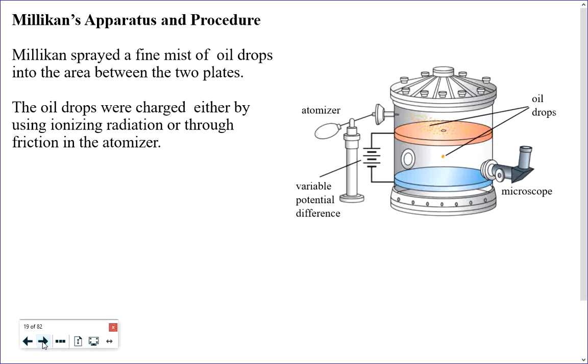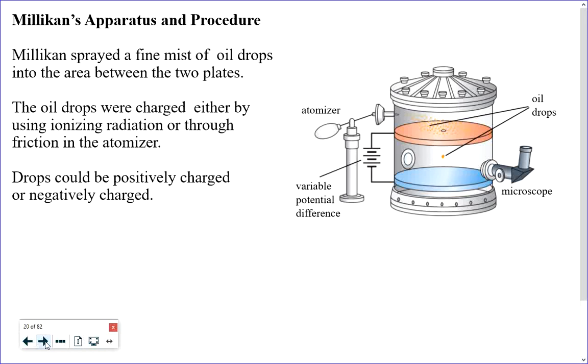In reality, you probably spray them in there and then you hit the apparatus with a blast of X-ray radiation, which is ionizing radiation, which will pop electrons off of some of these particles, making them positive. But to make things simple here, what we say is that some of the particles could be positive and some could be negative.